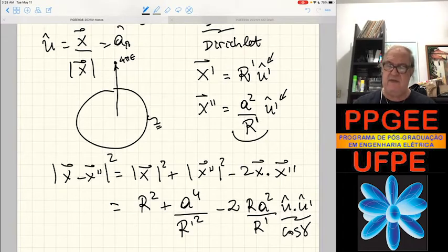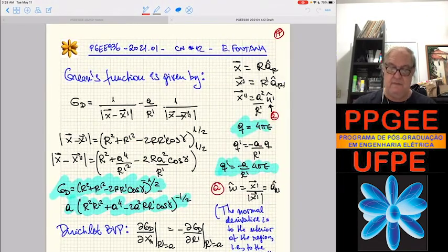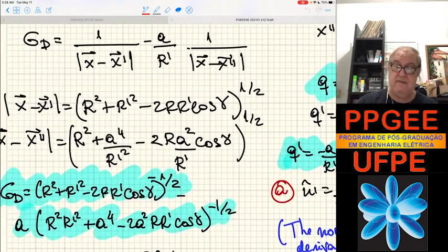That's the second factor in the Green function, right? This one here.